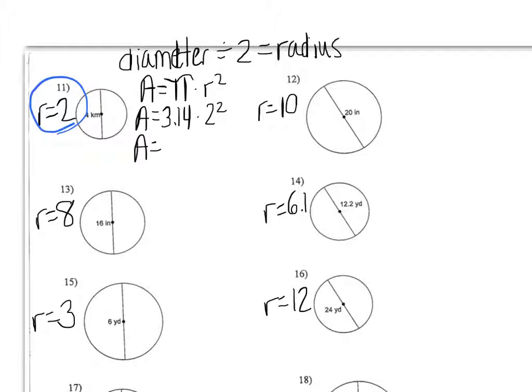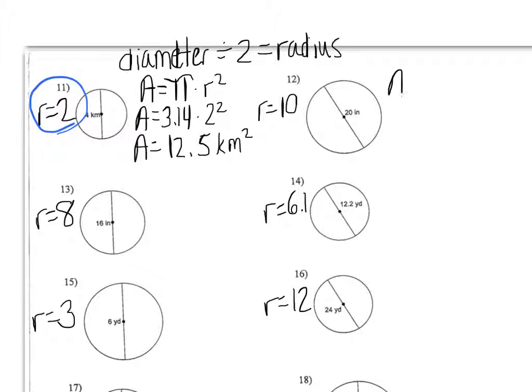Alright, so we have 3.14 times 2 squared. We get 12.5, and that's kilometers squared. That's it.